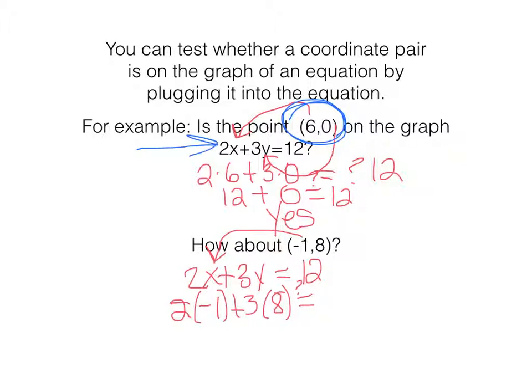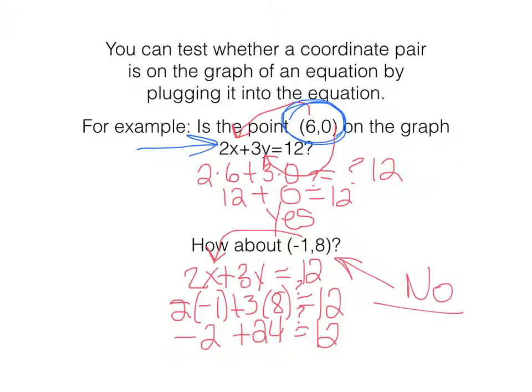Does that equal 12? 2 times -1 is -2, plus 8 times 3 is 24, and I can already see that no, that's not going to work out. So we would say that no, (-1, 8) is not on that particular graph.